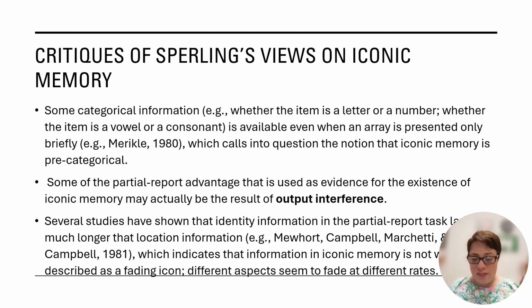Okay? The other criticism is the pre-post categorical thing. So Sperling is saying the information that resides in your sensory memory, your visual or iconic sensory memory, is basically just neural signals. It's unprocessed sensory information.